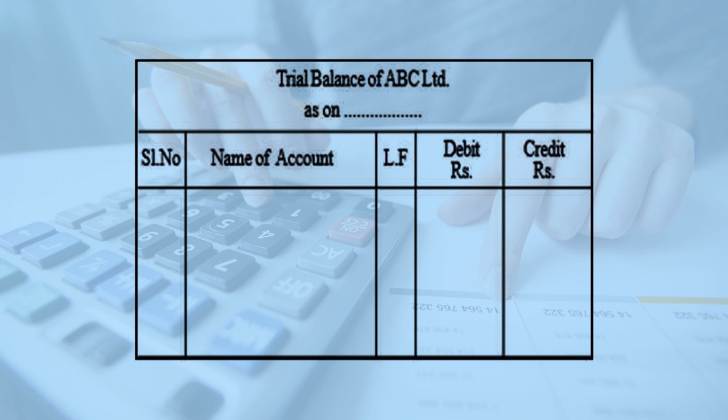In the ledger folio column, the page number of the ledger book on which the concerned account is maintained is written. Then in the next column, if that particular account has a debit balance then it will be written in the debit column, and if it has a credit balance then it will be written in the credit column. So, these are the 5 columns, and in these columns the particulars are filled up and the trial balance is prepared.